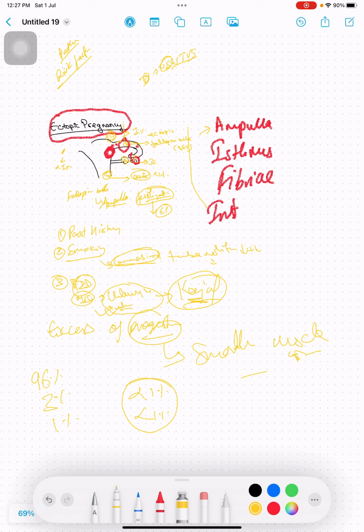So 96% of the implantation occurs in the fallopian tube, 3% in the ovary, and 1% in the abdomen. These are the percentile distribution of ectopic pregnancy that occurs in the different reproductive sites of a female.